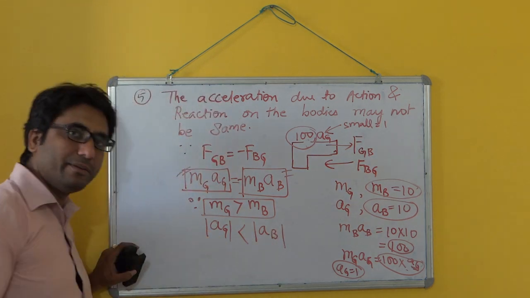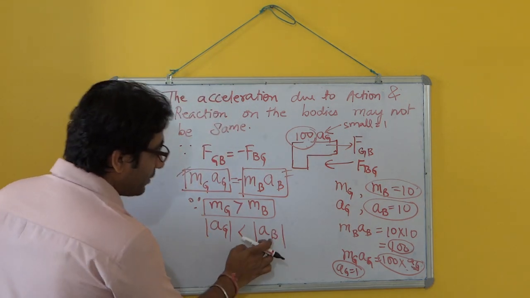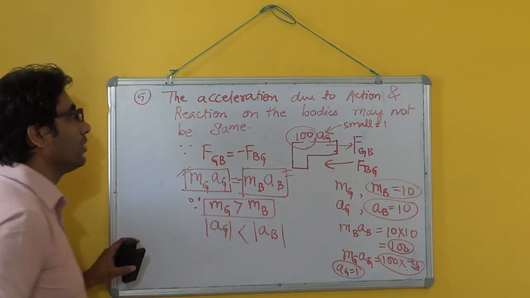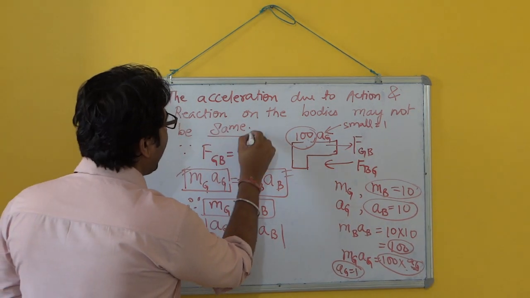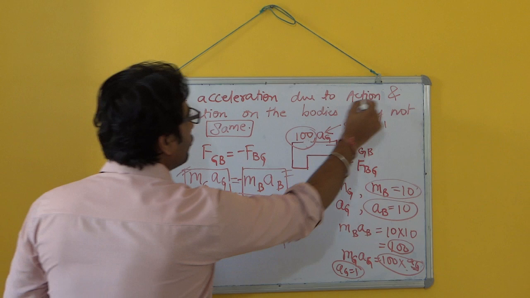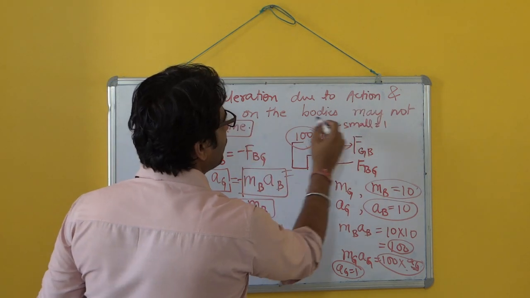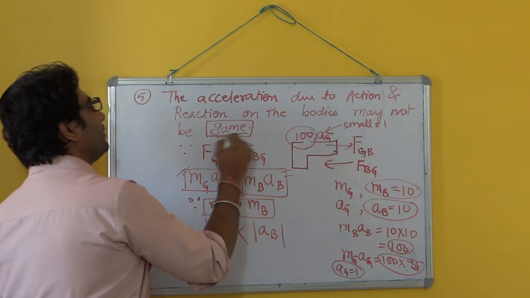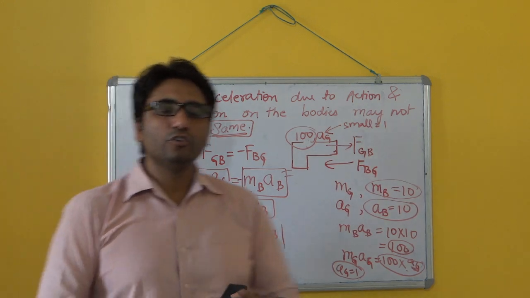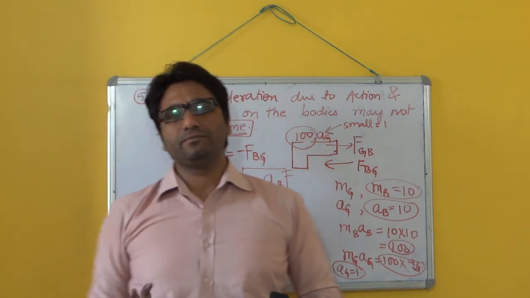Though their directions will be opposite, in magnitude the bullet's acceleration will be more. So that is why it is written that the acceleration due to the action and reaction forces in the bodies might not be the same. So Newton's third law is everywhere.